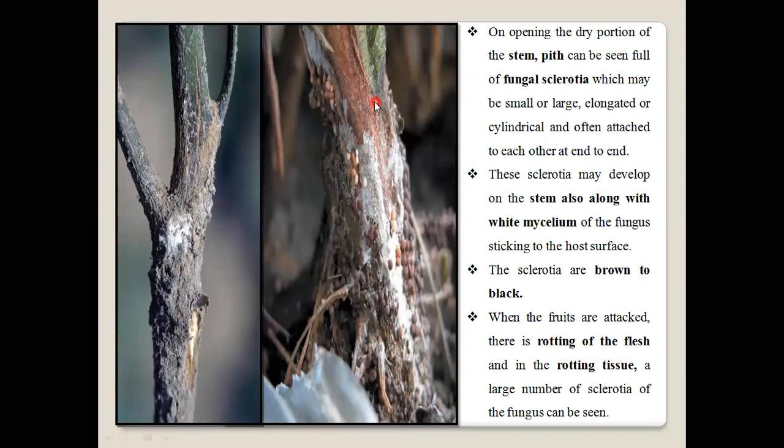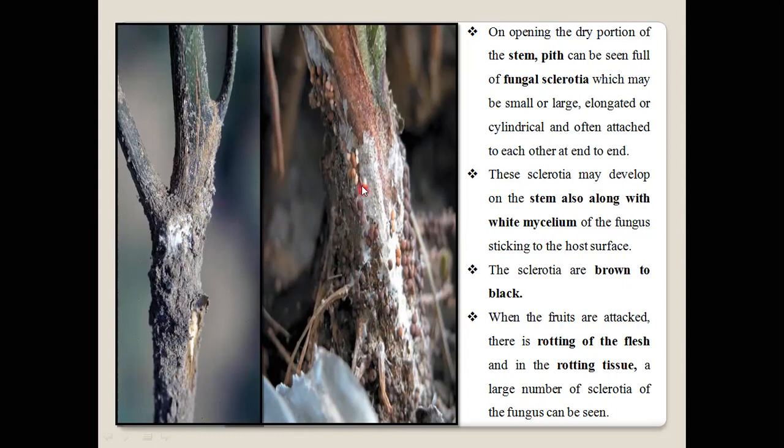If you take a cross section of these infected stems, some sclerotia and whitish mats or whitish mycelia are seen on the inner as well as the outer surface of the stems as well as the root surface. These brownish sclerotia are generally produced on the surface of the infected stem and root.